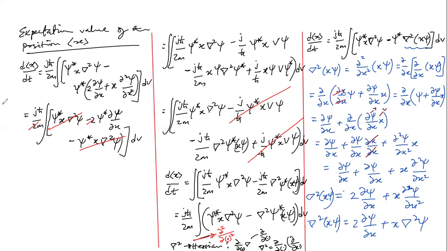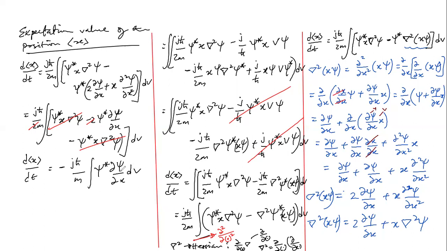The first time derivative of the expectation value of x with respect to t will be the same as negative, because this is negative, jħ over m integral of psi conjugate dpsi/dx dx.